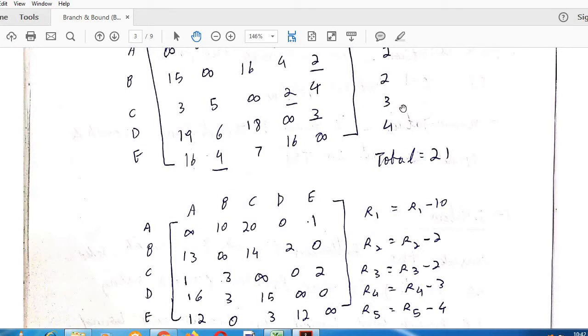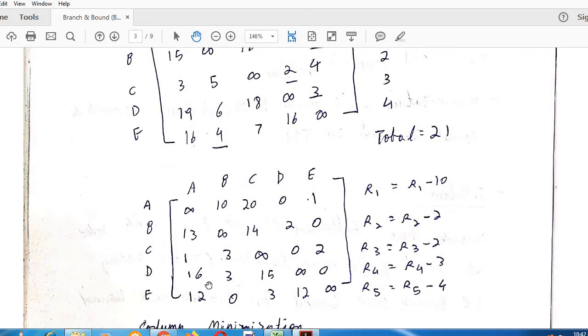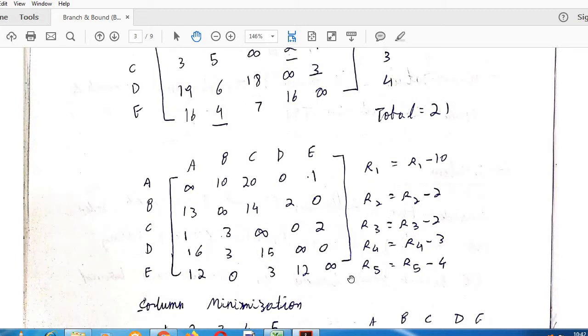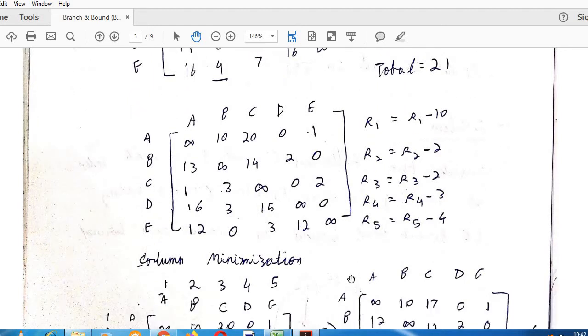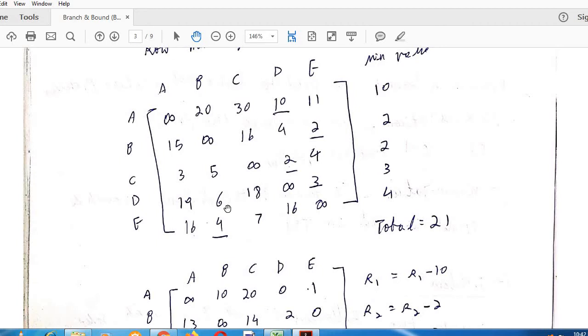When the fourth row values are subtracted with the minimum value of that row, I will get 16, 3, 15, infinity, 0. Then the minimum value of the fifth row is 4. When I subtract the fifth row elements with the minimum value of 4, I will get 12, 0, 3, 12, infinity.